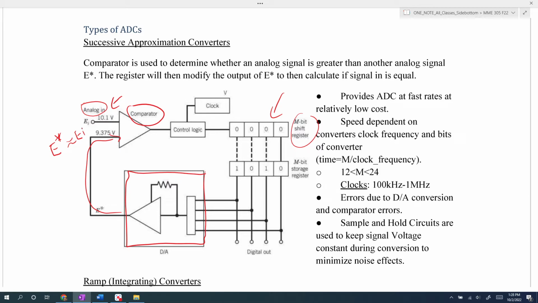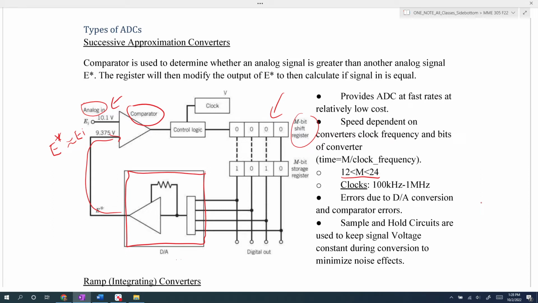This takes some time, and it depends how fast the clock or the digital to analog converter can convert these numbers back and forth. Typically, successive approximation converters have value registers between 12 and 24 bits.